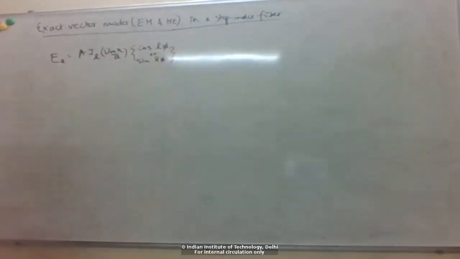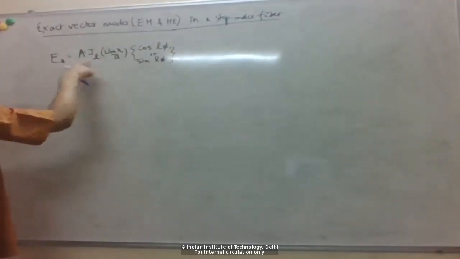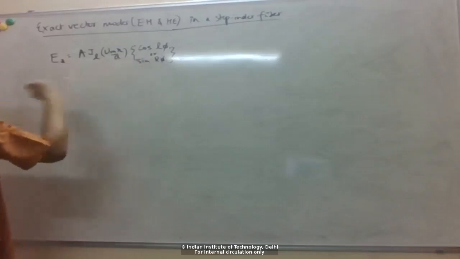So the same kind of solutions that we found for the LP modes, but in the LP modes we were solving for the transverse components. Here we are solving for the longitudinal component, and we get the same kind of solution because we use the same equation.